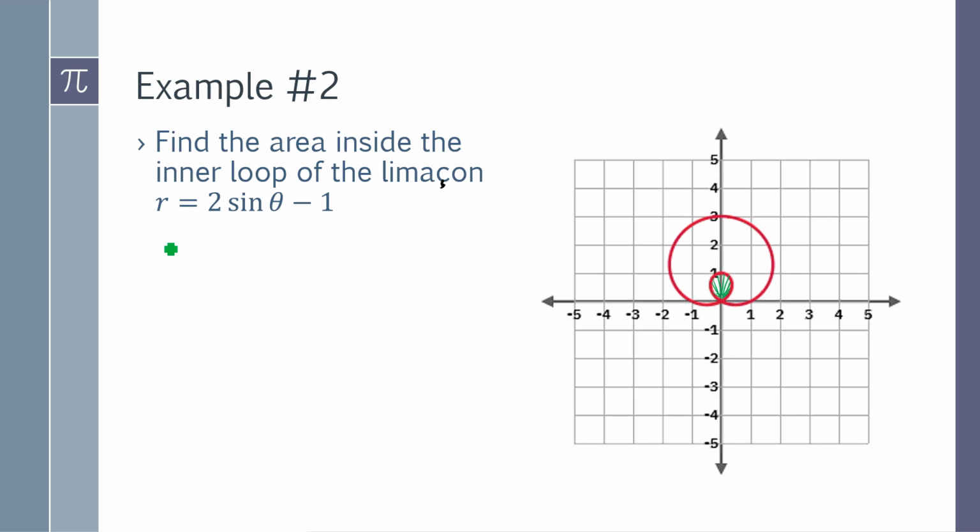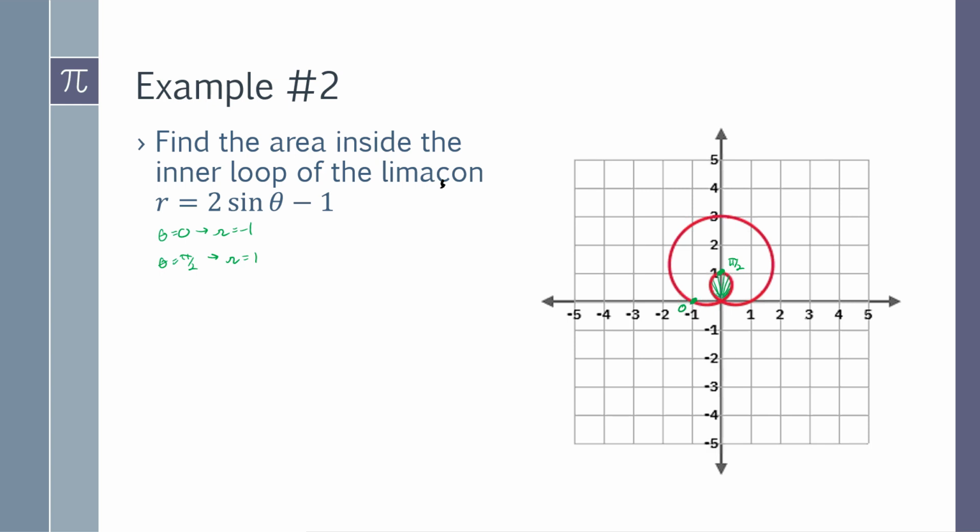So I start with saying, if theta is 0, r is going to be 2 times 0 minus 1, which is just -1. So here's where theta is 0. If theta is pi over 2, r is going to be 2 minus 1, which is 1. So here's where I am at pi over 2.